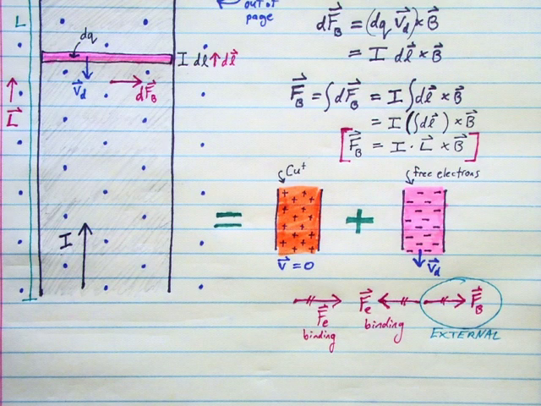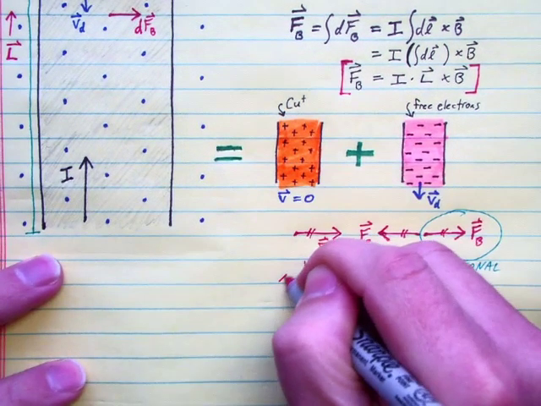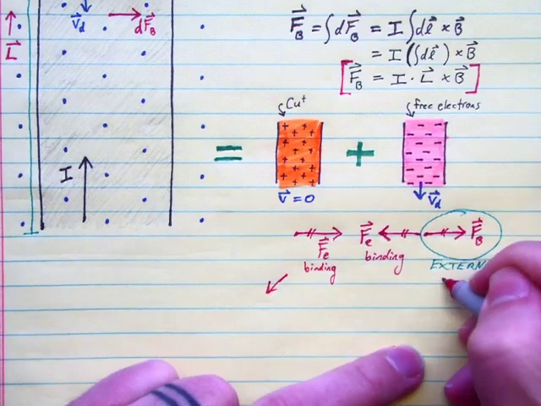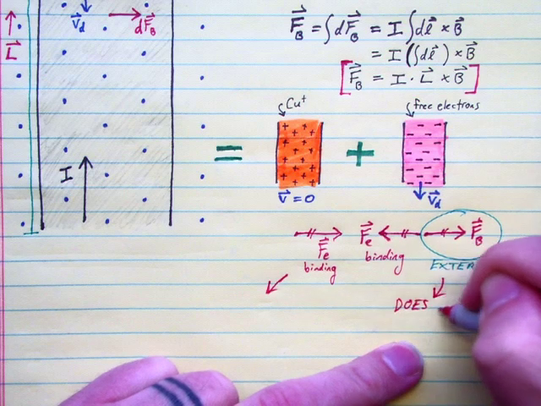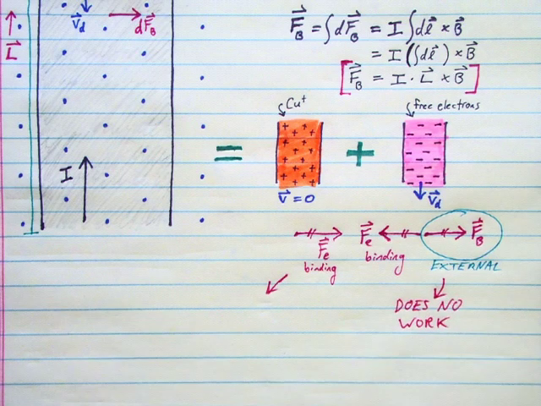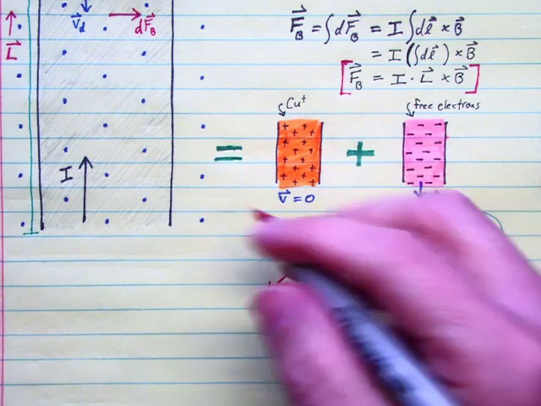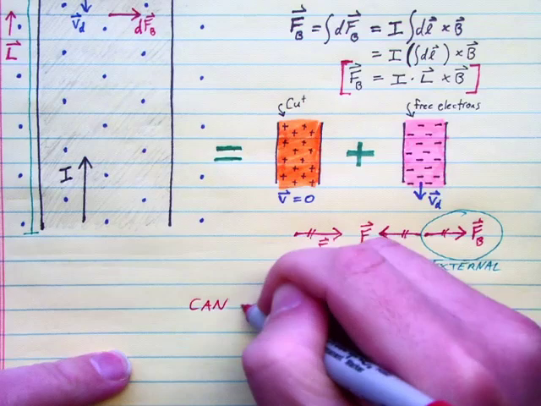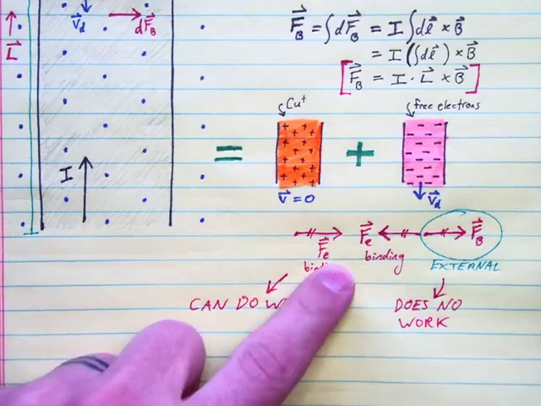Boy, that's a lot of words to try and argue the following. Although this external force here, being a magnetic force, does no work, as we've seen before, this is an electric force. And electric forces can do work.